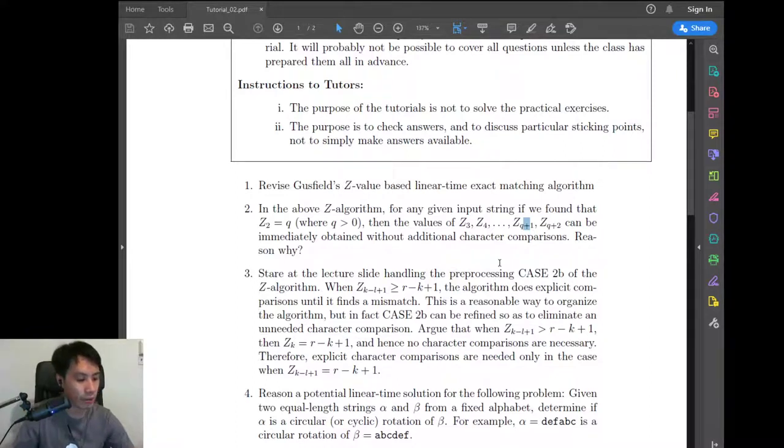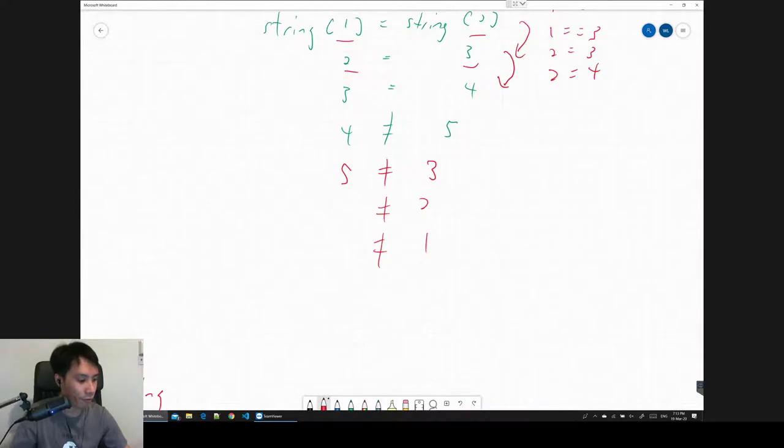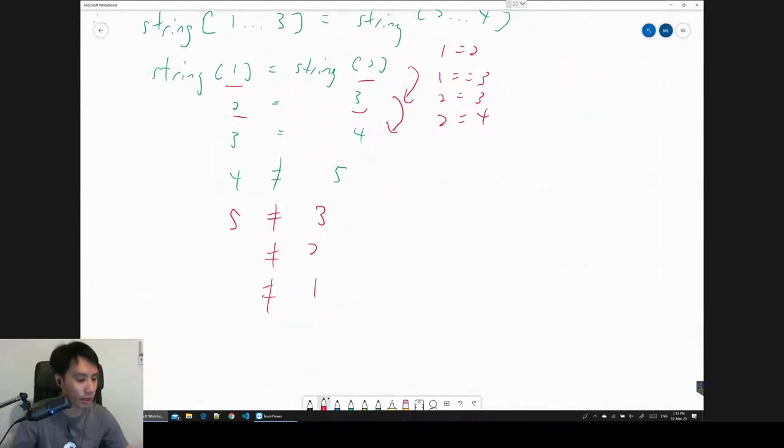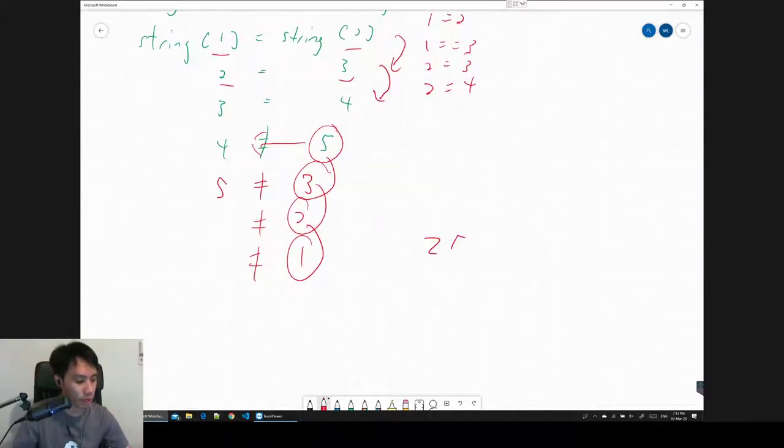So in this scenario, let's say my string is, oops, my bad, I forgot to change it. Let me repeat again. If we know the fifth letter is not the same as the fourth letter, it means it's not the same as the third letter, second letter, or the first letter, which means the fifth letter is not the same as the first letter, and it's not the same as the prefix of the string, right? Which we can conclude Z of Q plus Q equals 0.